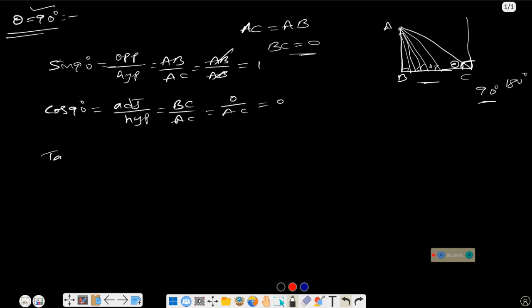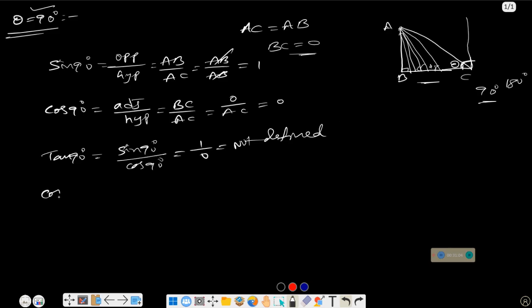Next, tan 90 value. Tan formula is sin 90 by cos 90, because it is the ratio of sin theta by cos theta. What is the sin 90 value? 1. And cos 90 value? 0. Anything by 0? Not defined.